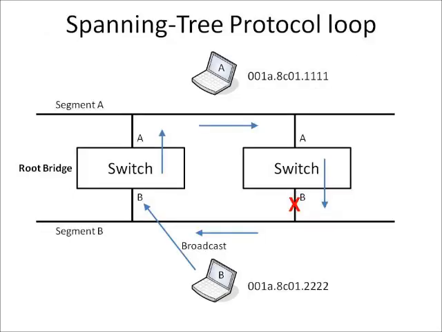Okay, let's review a really simple network. 2 network segments, 2 switches. Each network switch has a connection to each network segment. So if you look at the basic design here, there actually is a loop.